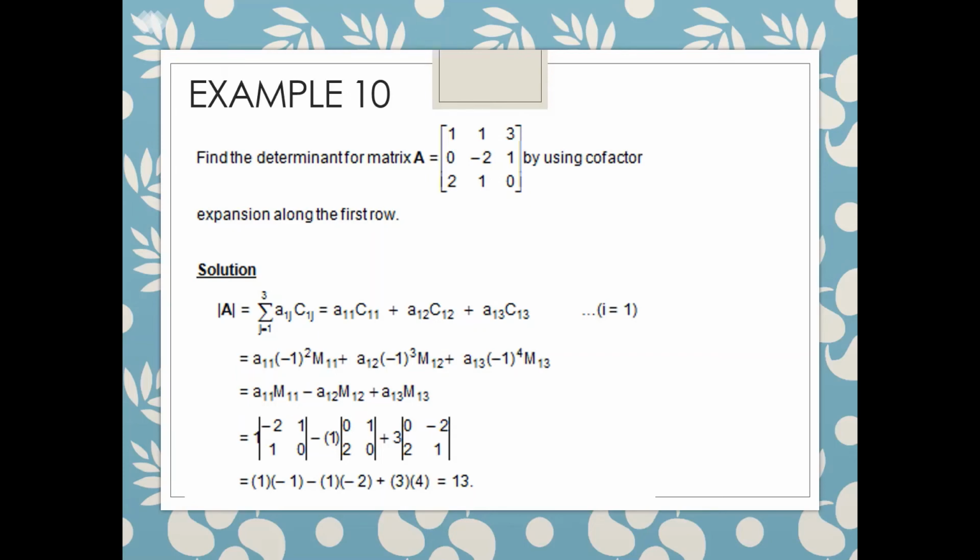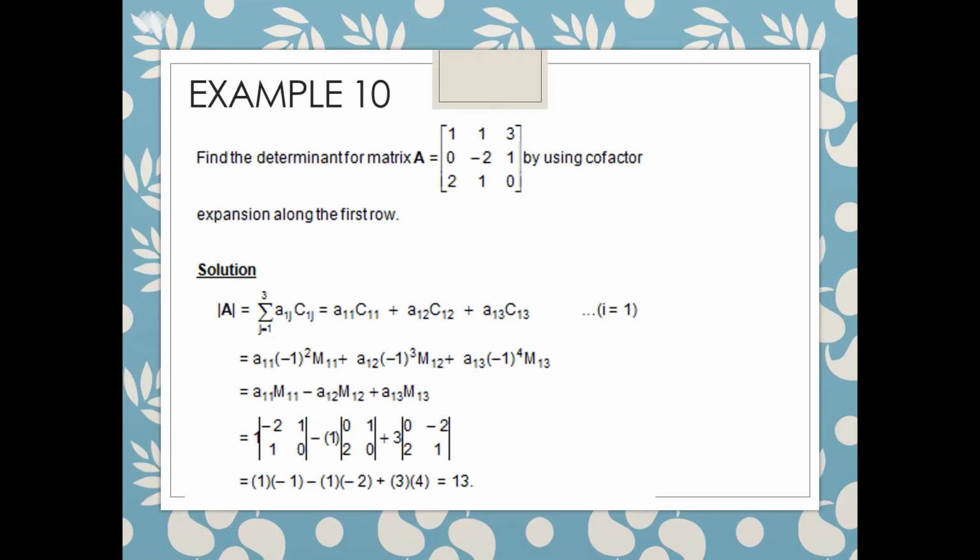Cofactor 11 is equal to minor 11, cofactor 12 is equal to negative minor 12, and cofactor 13 is equal to minor 13. Minor 11 is obtained by deleting the first row and the first column.